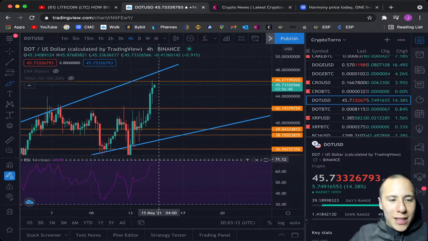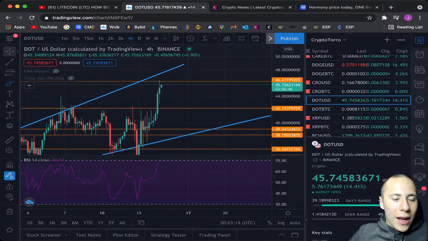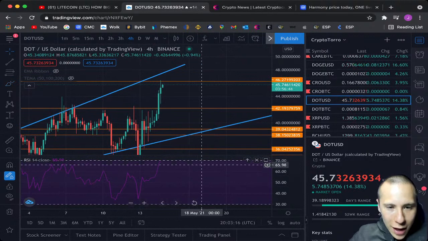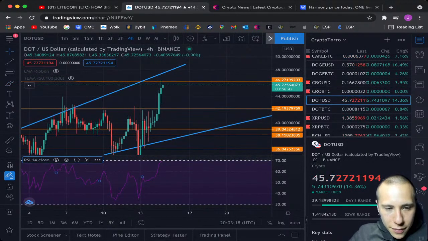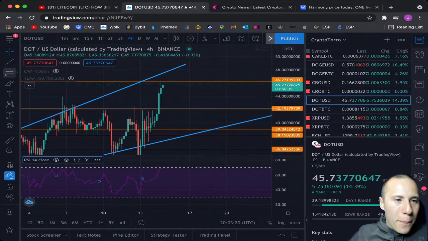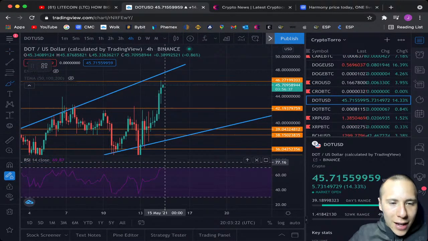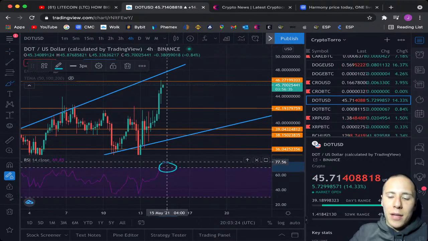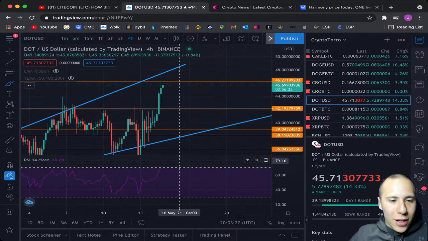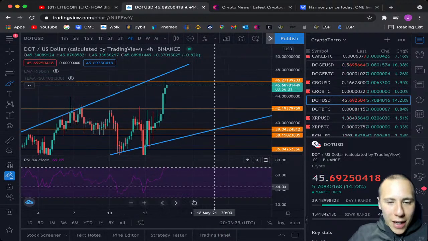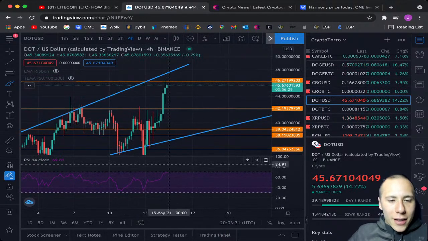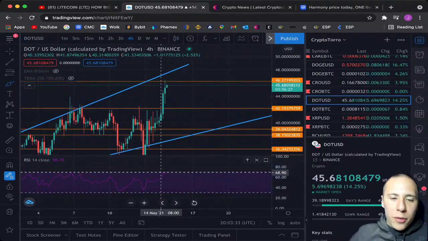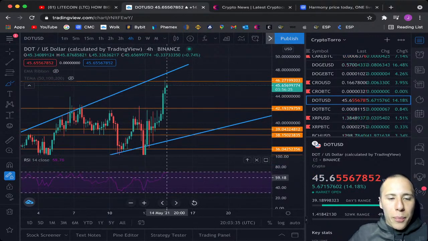But as we can see, the RSI is right now going above the dotted line over here. And as I said before, the RSI does not like to be above the dotted line. It likes to stay in between the 2 dotted lines in the purple area.